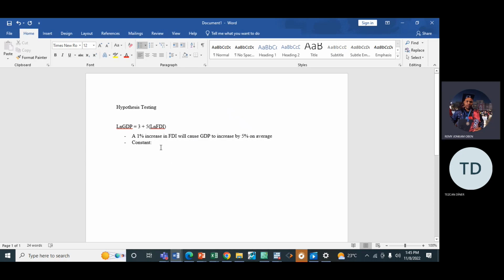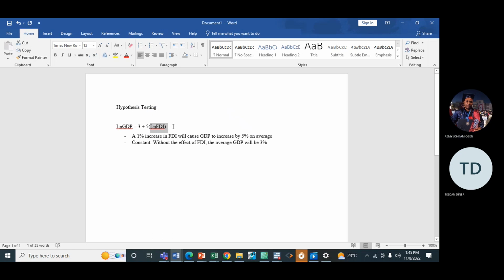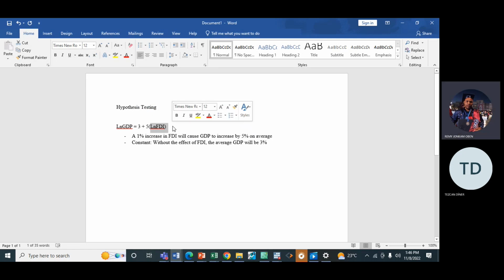So if I'm to interpret this constant, what I will say here is that without the effect of FDI, the average GDP will be 3%. Does that make sense? So this 3 here is the constant. It is telling you what this GDP will be if we don't consider the effect of FDI.